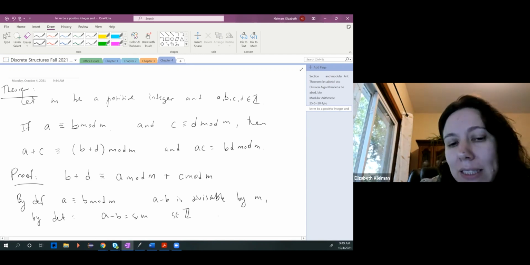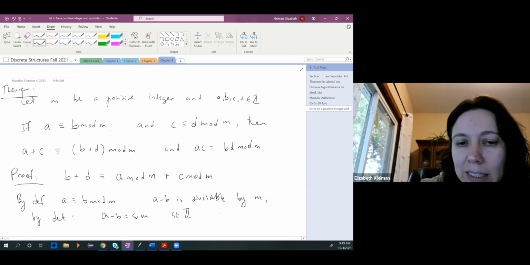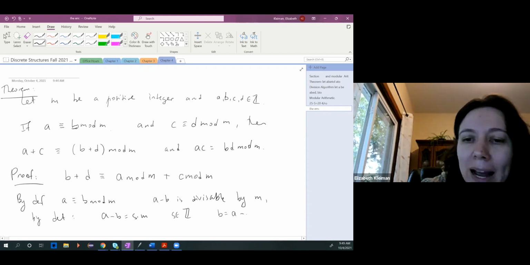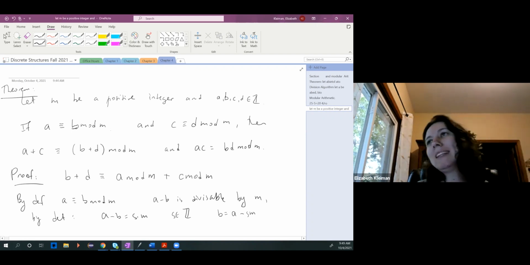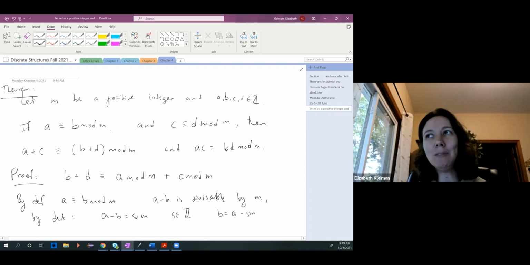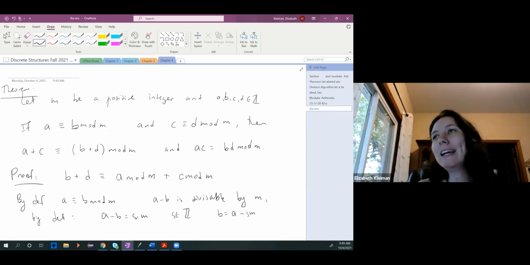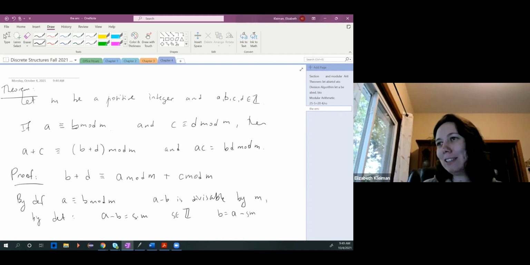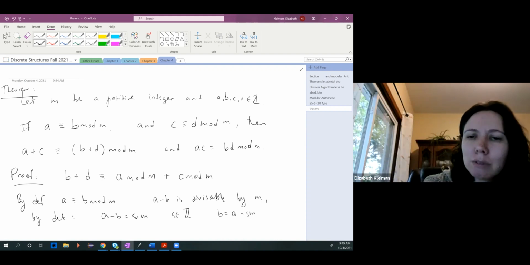Which is the same as saying B is equal to A minus SM, but take instead of minus SM positive KM, where K is negative S. The sign here, plus minus, is not really important. Does it make sense? Because I can replace negative S with K, where K is equal to negative S.